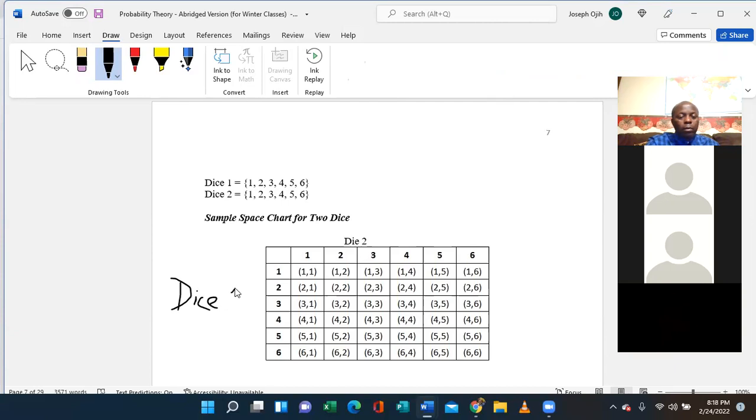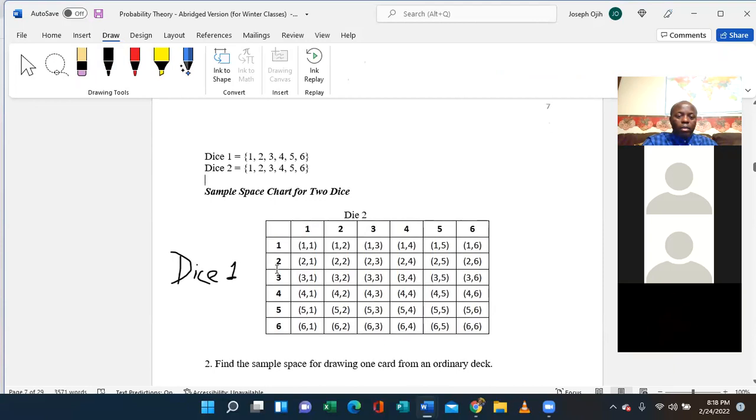Dice 1, and you have dice 2. Now dice 1 has 1, 2, 3, 4, 5, 6, and dice 2 has 1, 2, 3, 4, 5, 6. So when you toss the 2 dice at the same time, 1 might show up in dice 1 and 1 in dice 2.